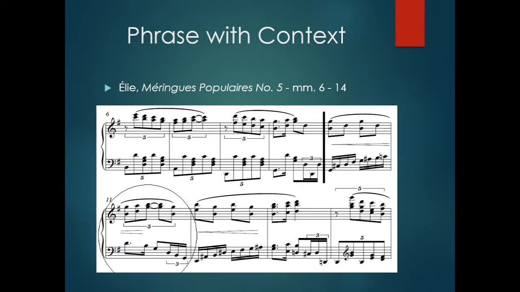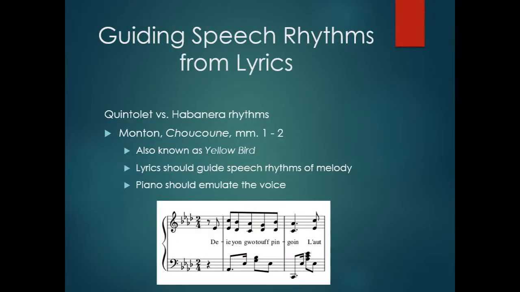Now, as another example from Monton's Chaconne, we have lyrics in this piece. In this sense, for the Chaconne, which is known as Yellowbird, the speech rhythms of the lyrics should dictate the melodic rhythms.